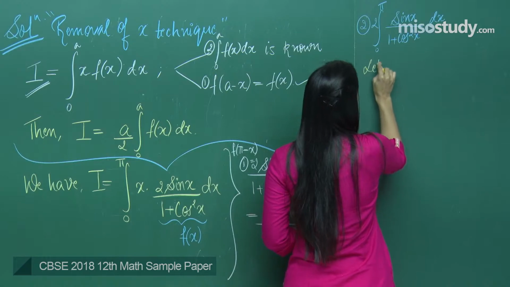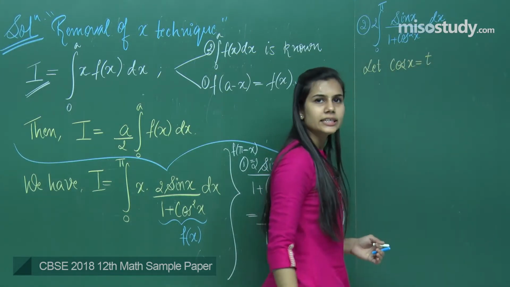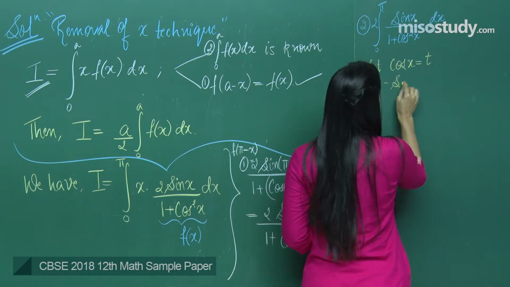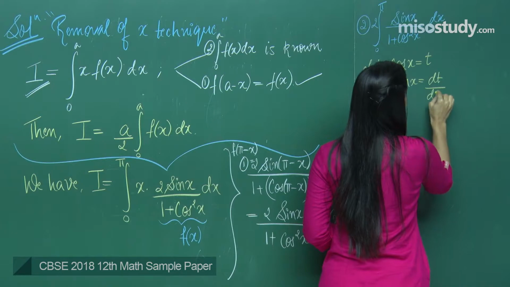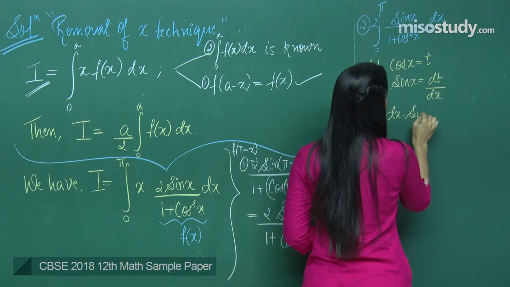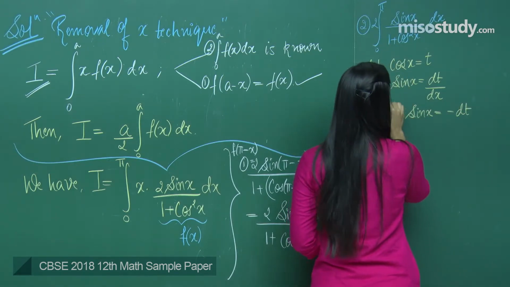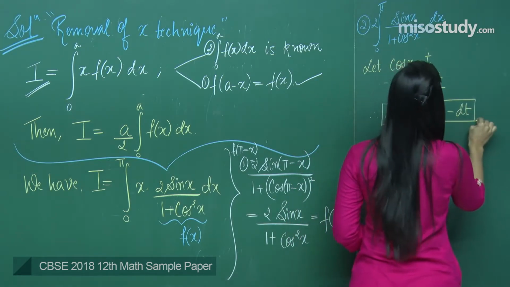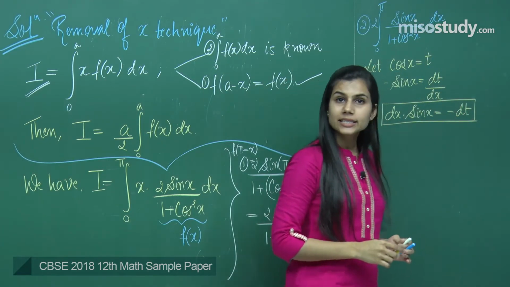So let's use this technique of putting cos x equals t. So you get minus sine x equals dt by dx, and therefore dx into sine x is equal to minus dt. I have dx into sine x, that will be replaced by minus dt.